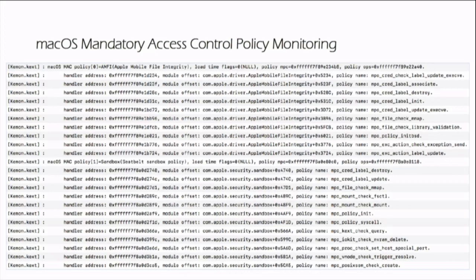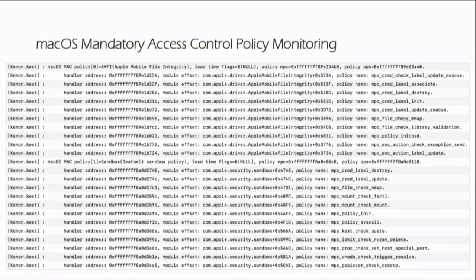I think here is the answer. The first one I dumped from the kernel is AMFI. AMFI is short for Apple Mobile File Integrity, and it lists all handlers of this module, including base address, module offset, and policy name.